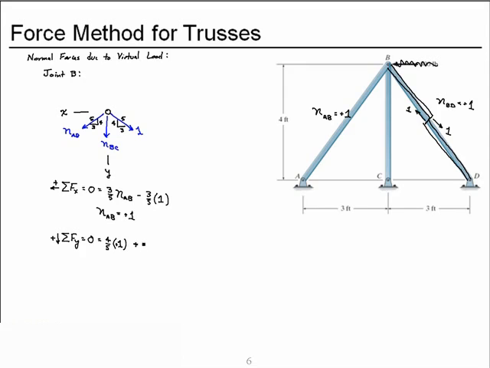A positive contribution from member BC, and a positive 4/5 contribution from member BD, which is a positive 1 also. We'll combine those and find that the axial force or normal force in member BC is a negative 1.6.